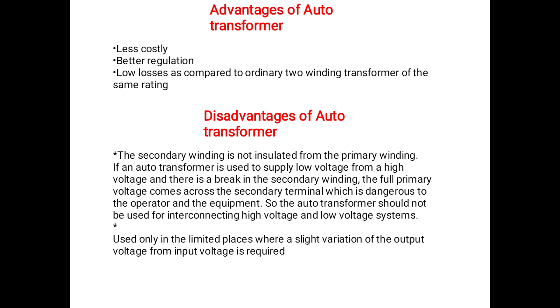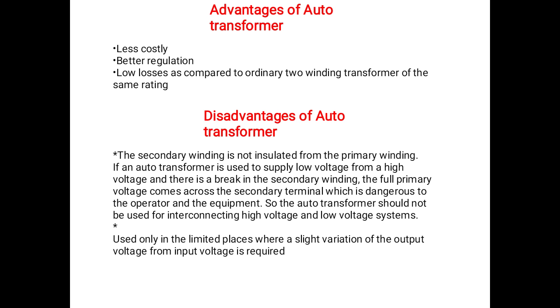Okay. But there are some disadvantages also of an auto transformer. The secondary winding is not insulated from the primary winding because the secondary winding is directly tapped to the primary winding.